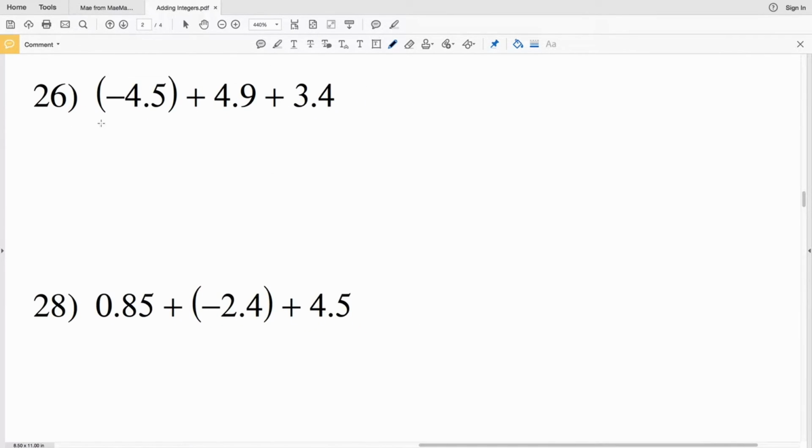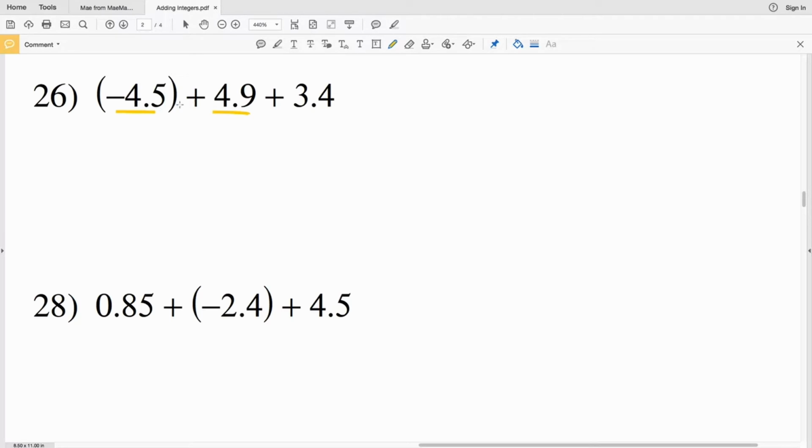Now 26 is a little bit easier. We have a negative 4.5 plus a 4.9 plus a 3.4. If we combine these first 2 terms first, it'll be easier on the last. We have a negative 4.5 and a positive 4.9. The absolute value of 4.9 is greater than the absolute value of negative 4.5.